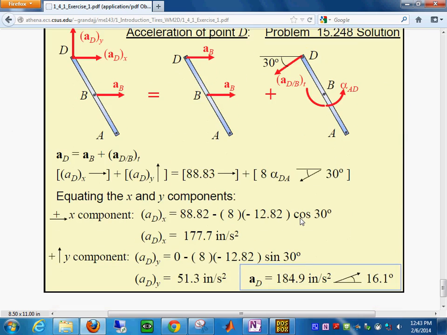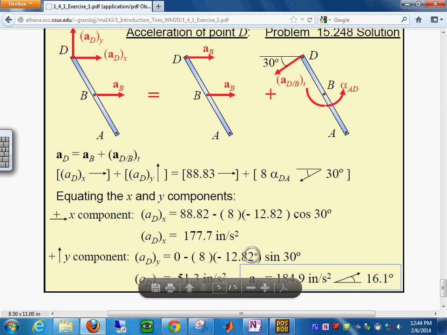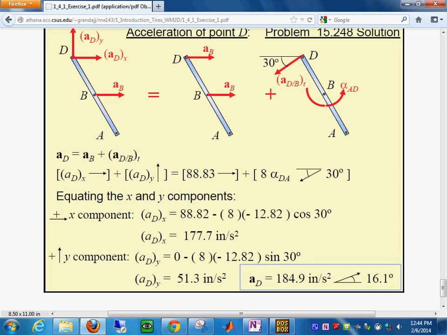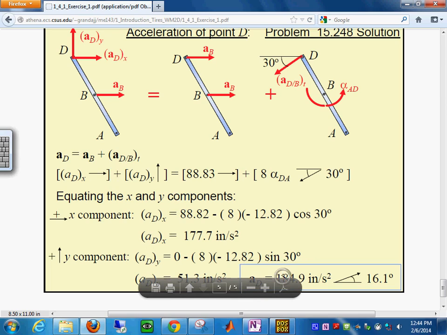The acceleration of D is the acceleration of B plus the acceleration of D with respect to B. And if we do this equation in here, we're going to follow this in vector form, and then we end up with the acceleration of D here.